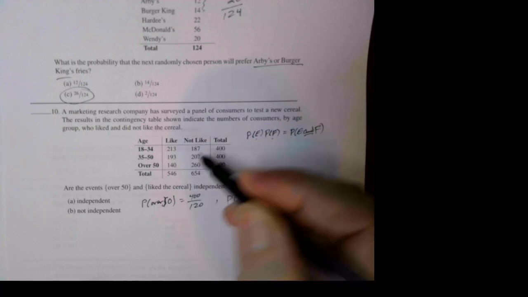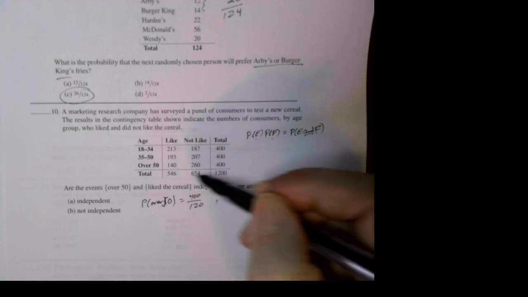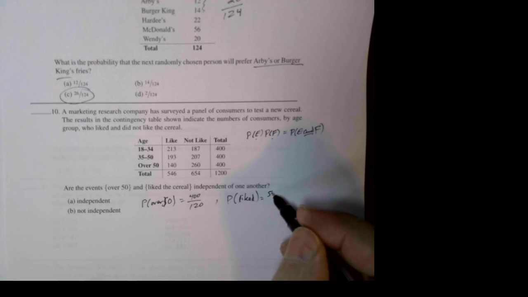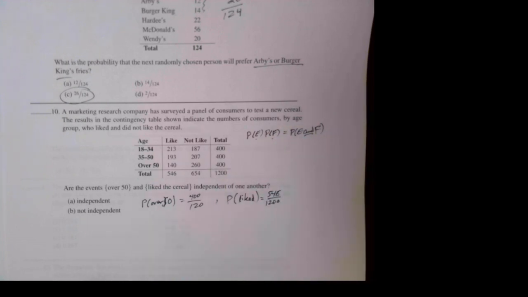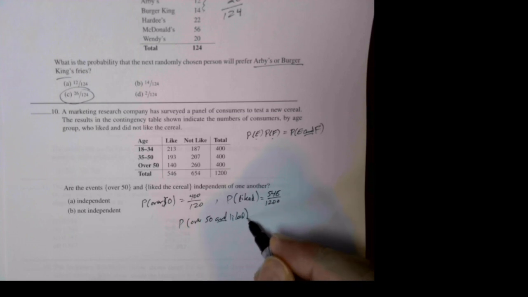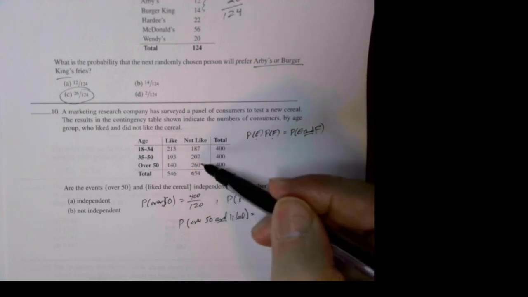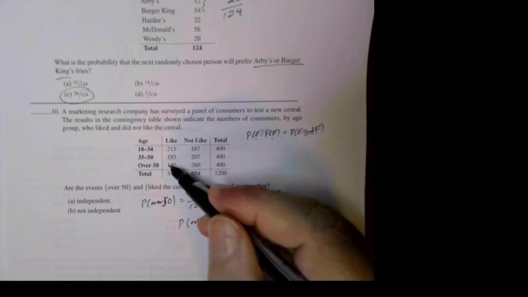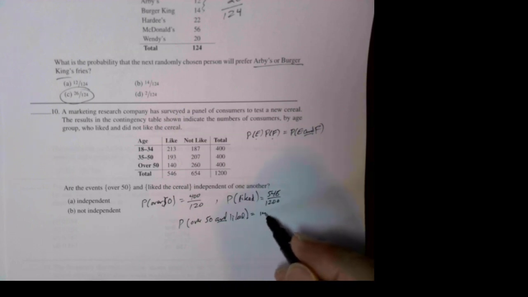Probability they liked the cereal, well, 546 out of 1,200 liked the cereal. And what's the probability that they were over 50 and liked the cereal? Well, that would be 140 people. So that would be 140 over 1,200.